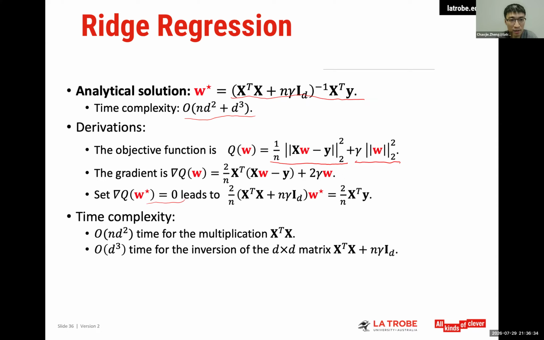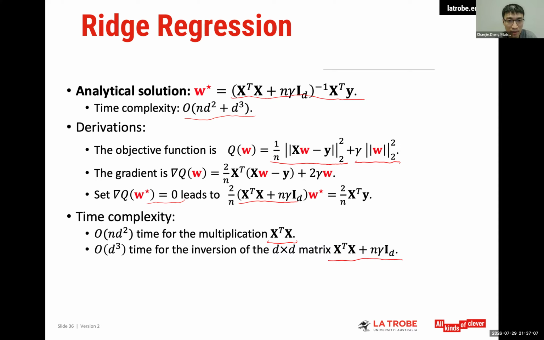And here is the time complexity for ridge regression, just for your information. It basically involves the calculation of this matrix multiplication and calculating the inversion of this matrix, because to find the solution for this W star, we need to left multiply the inverse of this matrix.